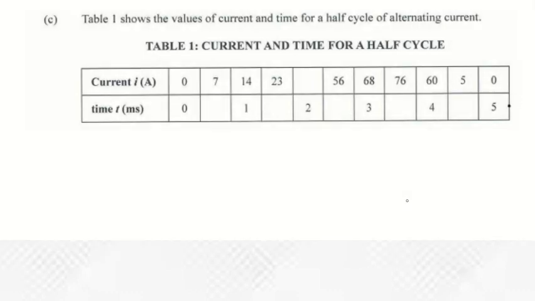Part C of question 1 gives us a table, and it asks us to use the information provided in table 1 and the graph paper on page 7 and plot a graph of the half cycle of the AC waveform with current on the y-axis and time on the x-axis.